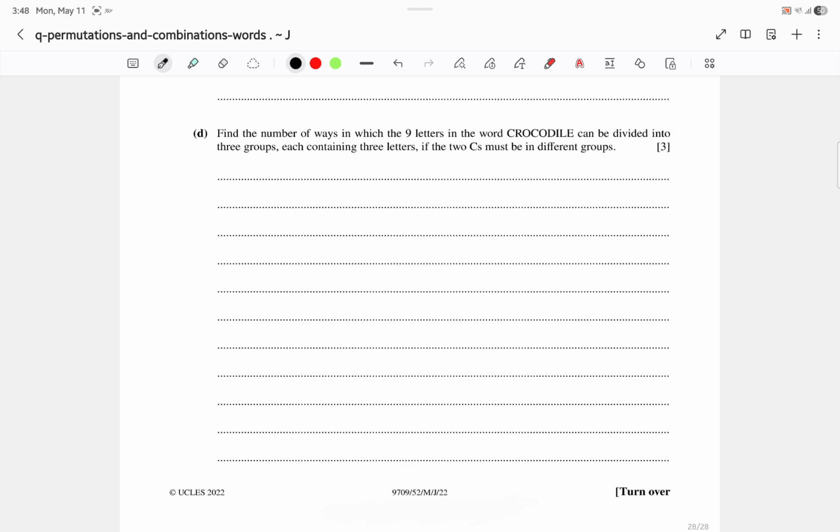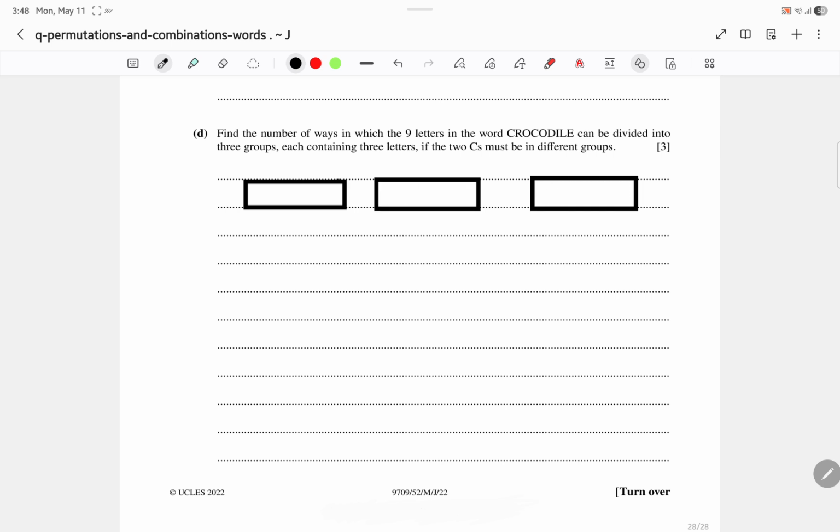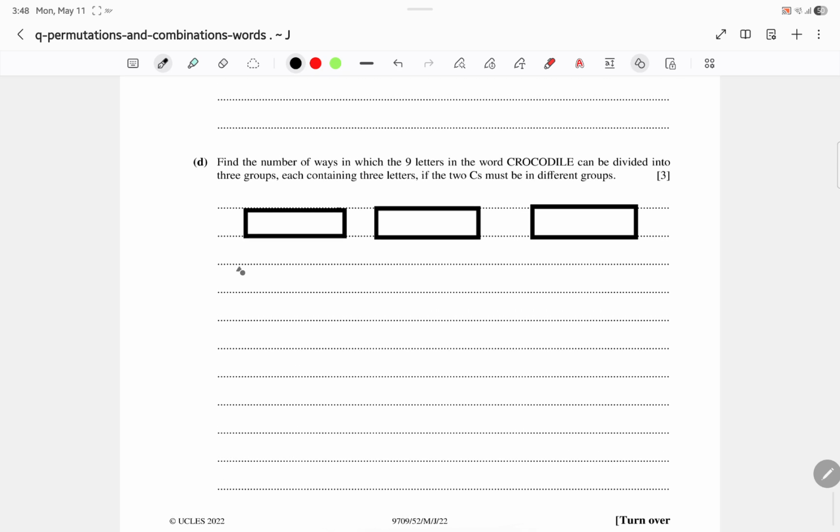So let's just divide this into 3 separate groups. Let's say one group is here. This is the second group. This is the third group. But since we're going to be considering all the possibilities, this is going to be the second way.